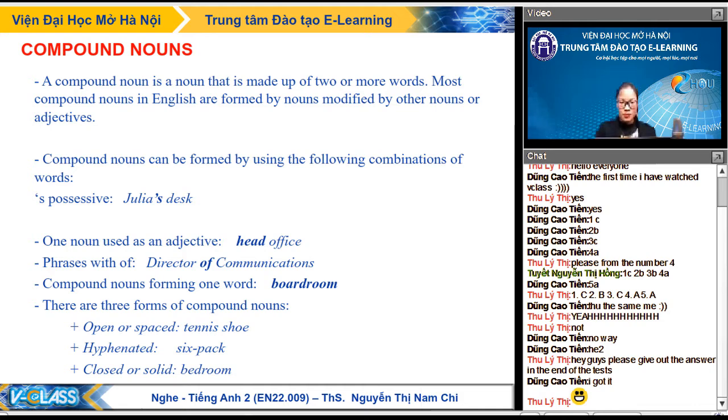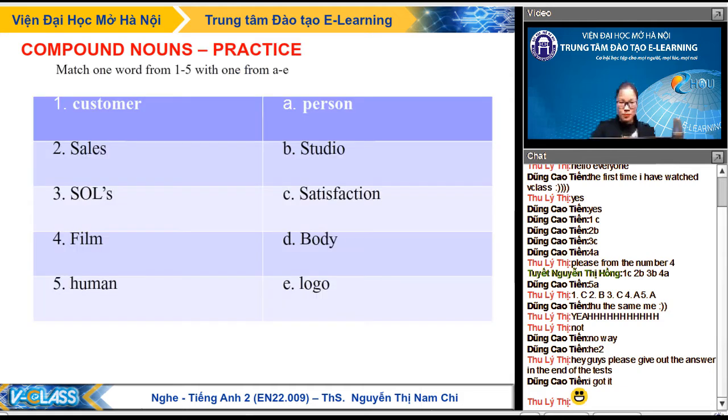There are three forms of compound nouns: open or spaced, as in tennis shoe; hyphenated, as in six-pack; closed or solid, as in bedroom. So they have three forms of compound nouns.